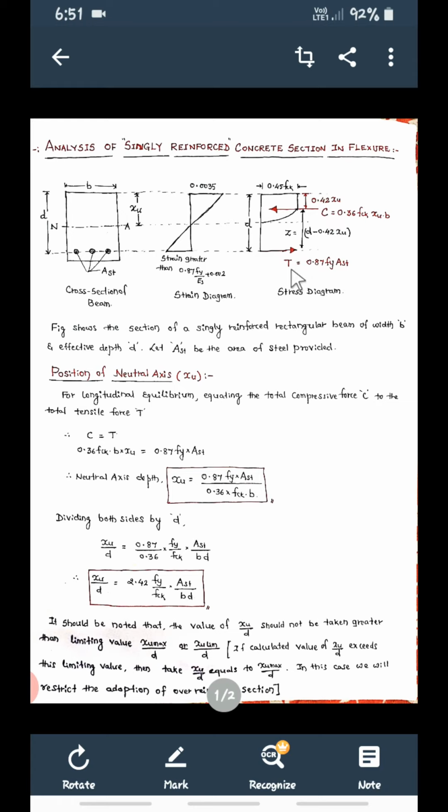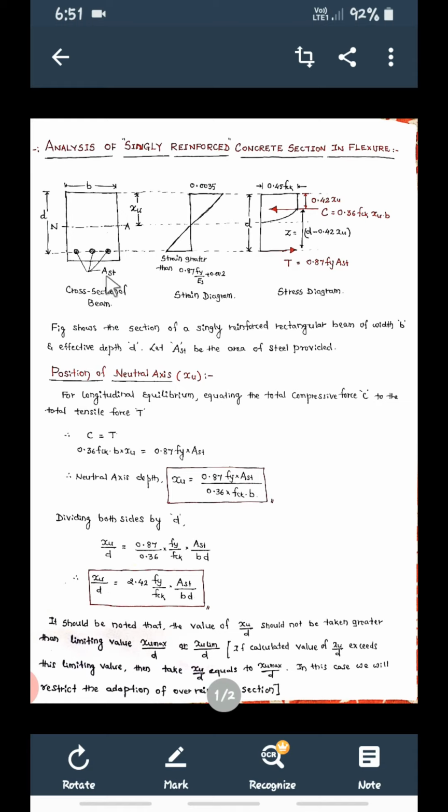And what is the total tensile force? What is the stress in this bar? Stress is 0.87 Fy. Yesterday we have seen this. 0.87 Fy will be the maximum stress in the steel bar. Stress into area: the area of this steel bar is AST, where capital A indicates area and ST indicates steel bar.